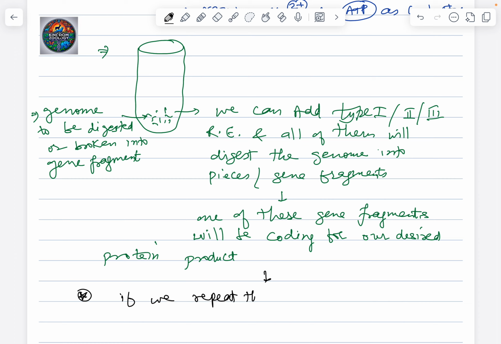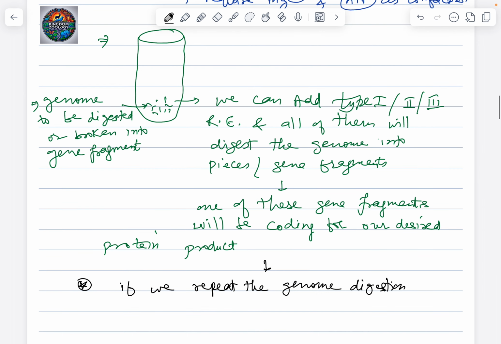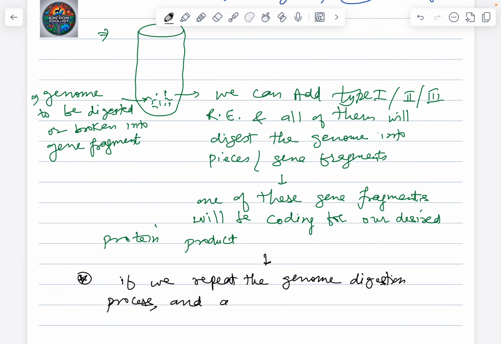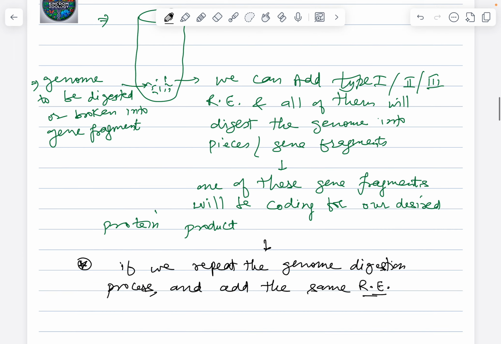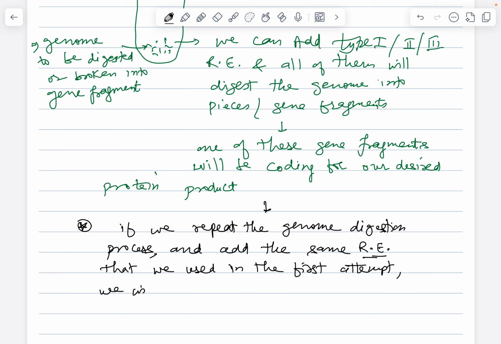If we repeat the genome digestion process, extract fresh genome, and add the same restriction endonuclease that we used in the first attempt of cutting this genome into fragments, we will be getting the exact same gene fragments as obtained in the first attempt.